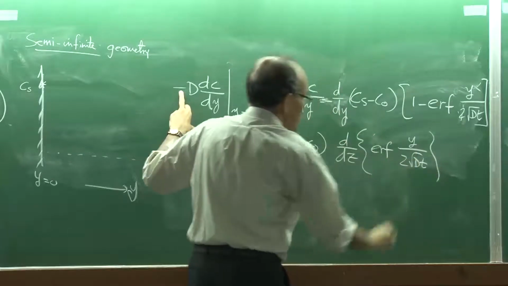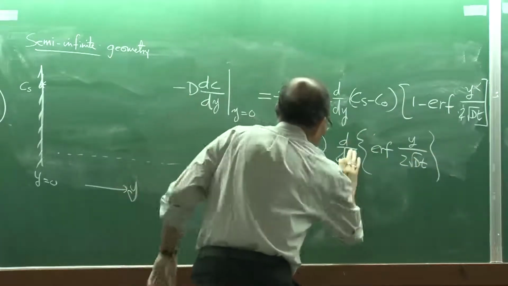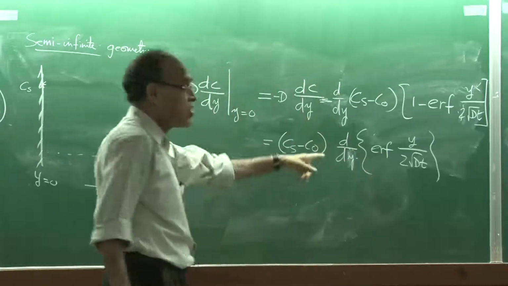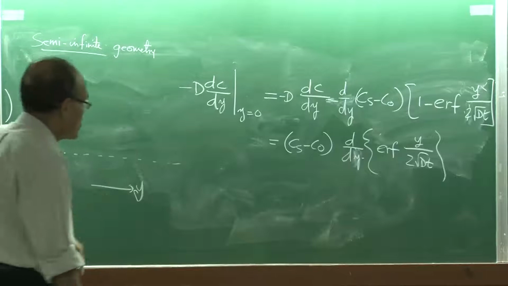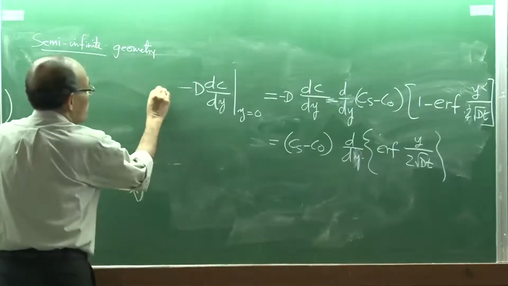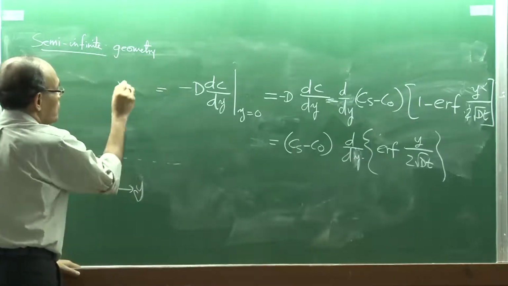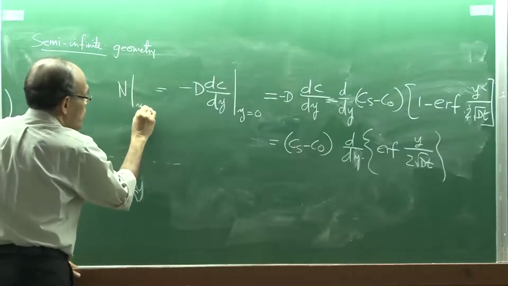So we need to now differentiate the error function, and this differentiation I have shown you already, and if you do this, then this represents the flux of carbon at y is equal to 0.